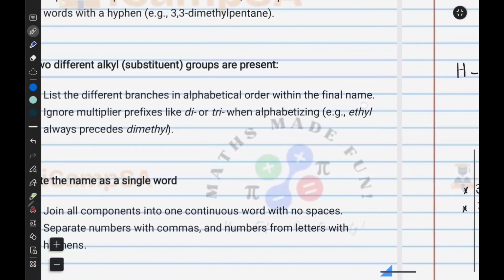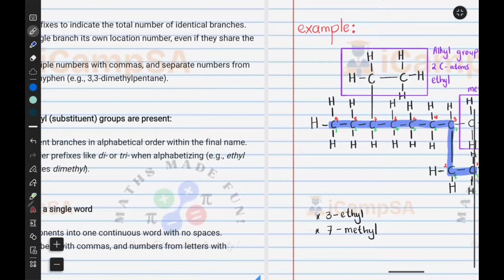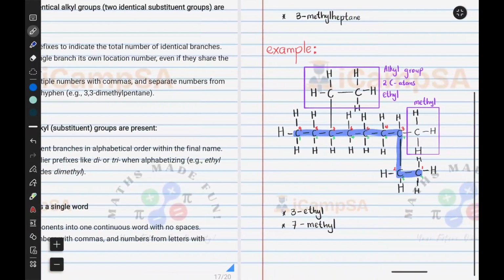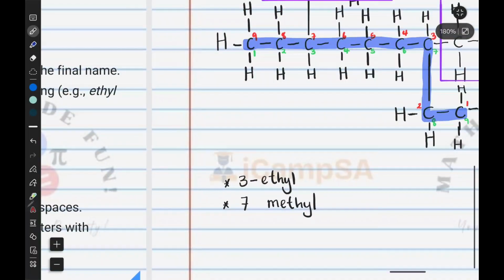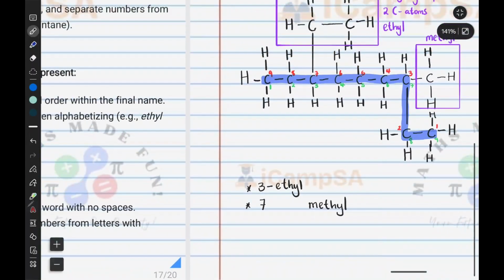Right, so if you check our rules here, since there are 2 different alkyl groups here, we list the different branches in alphabetical order within the final name, as I've already specified. And then there's something else. If, let's say, the ethyl group was repeated twice, I would have said here, maybe it could be in 7, both of it. For instance, if it was repeated twice, you would find that it's in the same carbon atom.